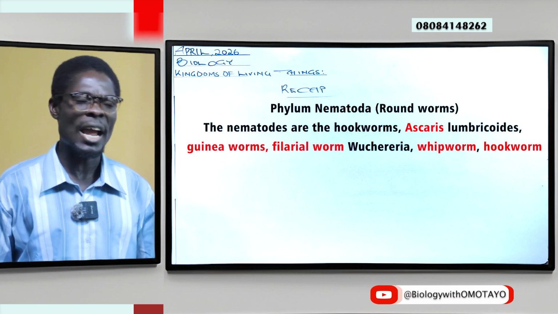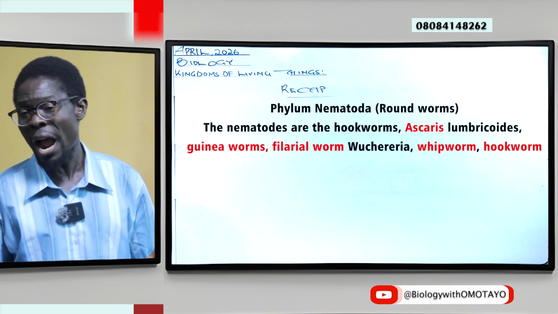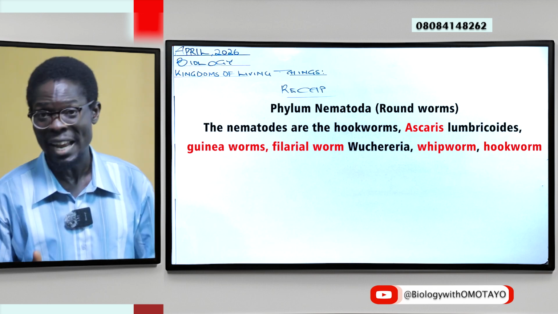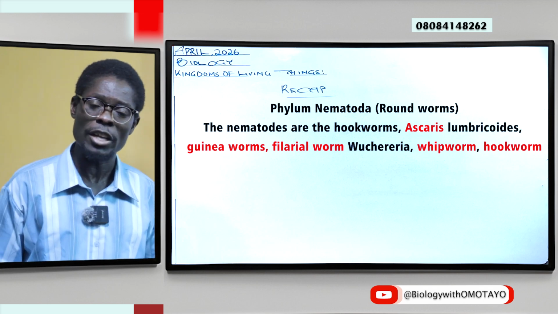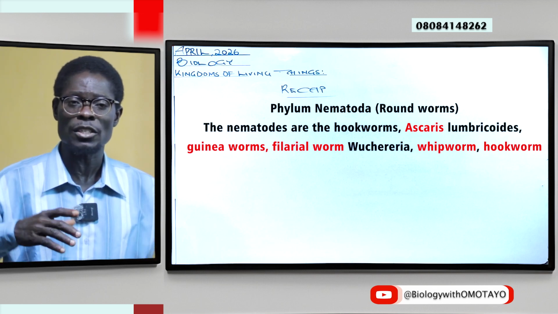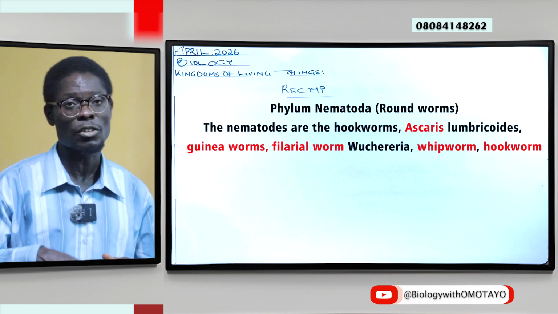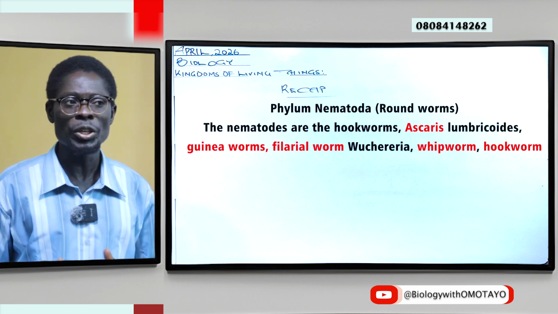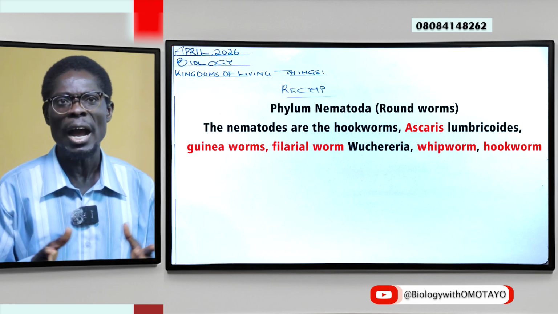They are hermaphrodites, and some, however, are not. They are dioecious. Remember last class it was explained, when we say dioecious, that means they have male gonads on different organisms and female gonads on different organisms. Also, they are covered with cuticle, which helps to promote a couple of adaptations.